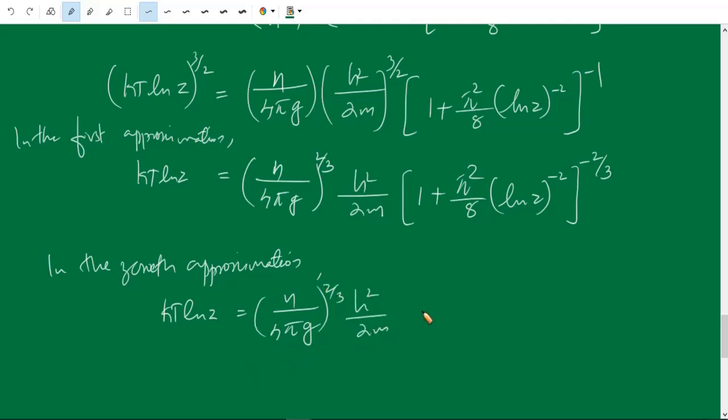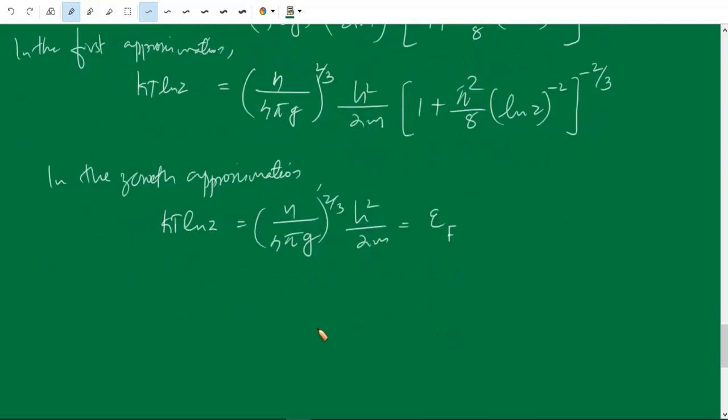This is nothing but the equation for the Fermi energy.